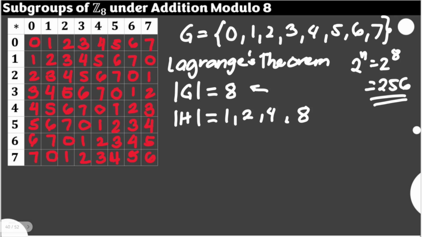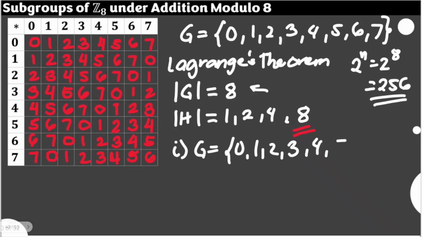Let's try to determine first the subgroup with order 8. The first subgroup is actually the group itself, the group containing 0, 1, 2, 3, 4, 5, 6, and 7.